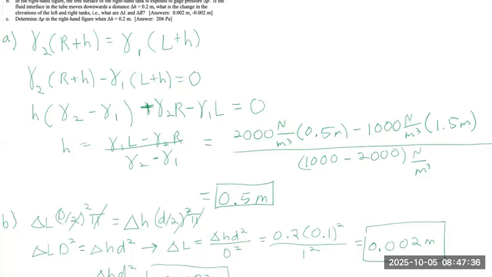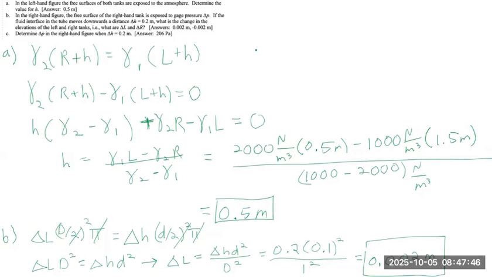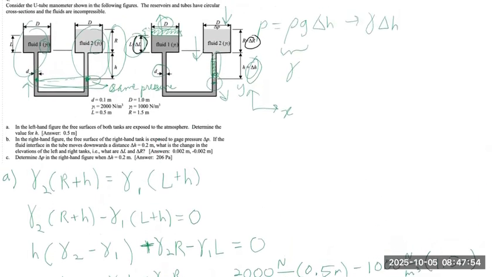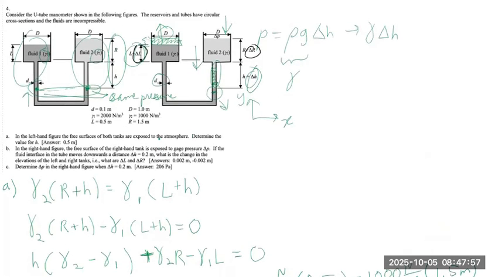Now we want to move on to part C, which is to determine the delta P in the right-hand figure when delta H is equal to 0.2 meters, which was the condition we used in part B, our previous problem. And for this, we can examine the system in the right-hand figure and use our hydrostatic pressure analysis again.